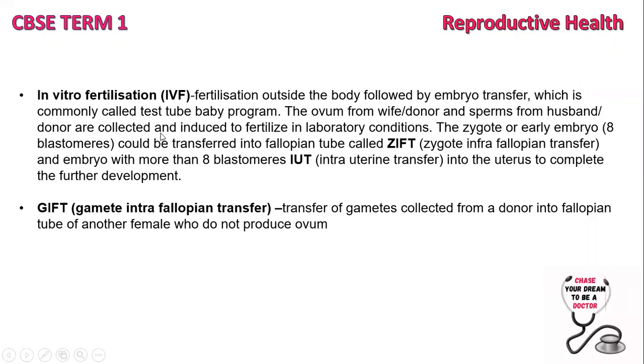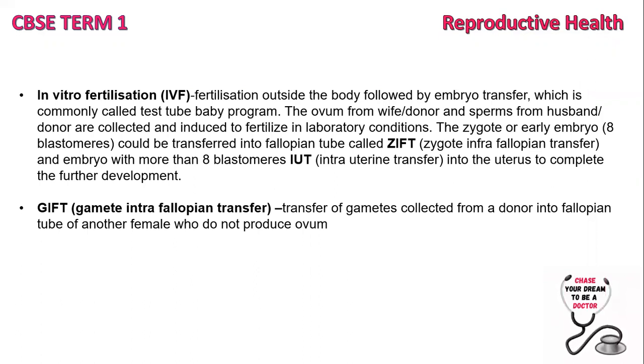IVF is done in the case where the male can produce sperms and the female can produce a healthy ovum, but the female cannot provide the necessary conditions for fertilization. Suppose the motility of the sperms is less, or the female cannot produce a healthy ovum, or the male cannot produce healthy sperms.